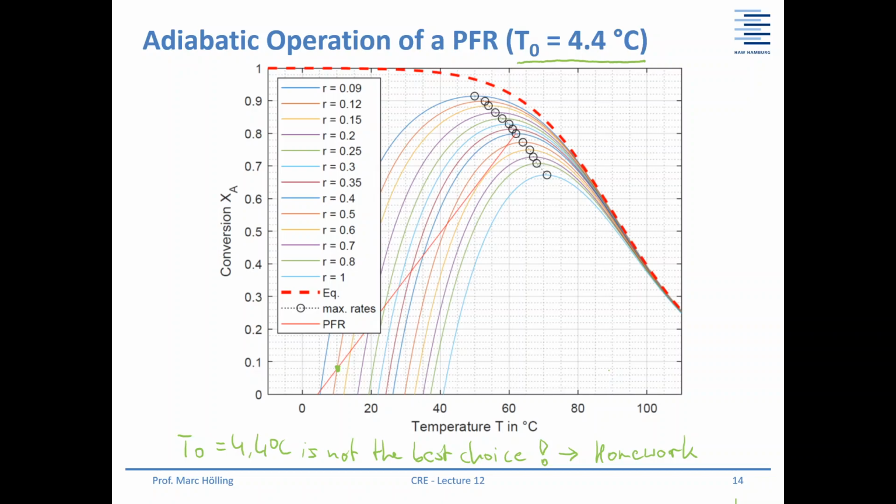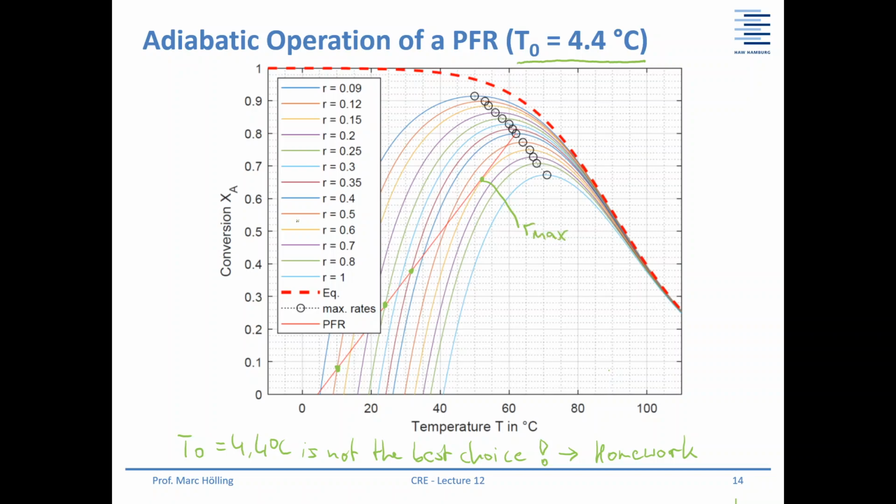And now again, you look at all the intersections. You're looking for the intersection of your enthalpy balance and your reaction rate. So for example, you do it here and you do it here, and again you can see that here you have your maximum. So this is our max.